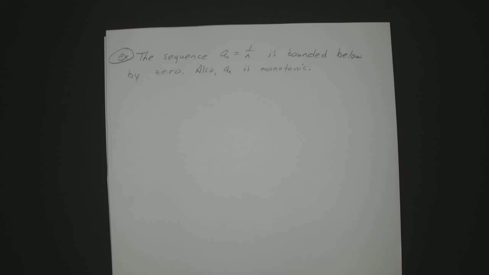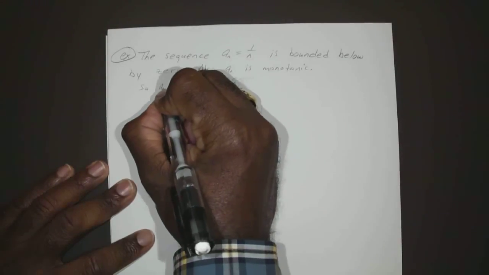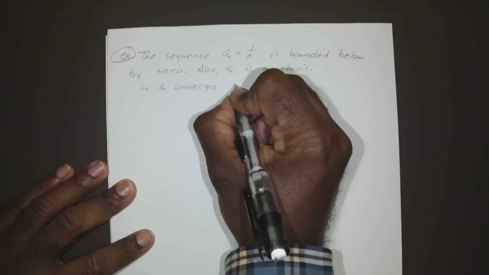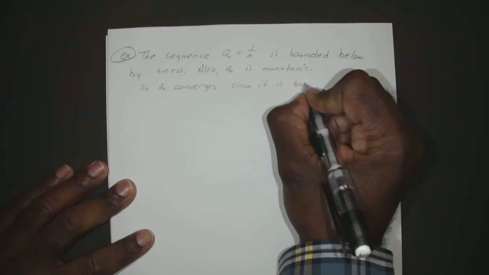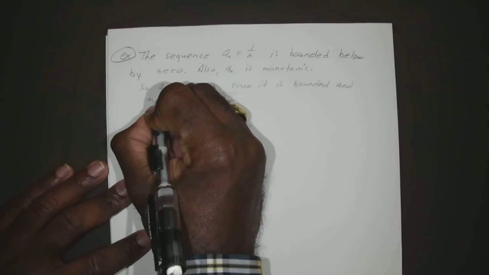So since it's bounded and monotonic, kind of stands to reason that it converges. Because if it never crosses that 0, it converges to 0. Since it is bounded and monotonic.